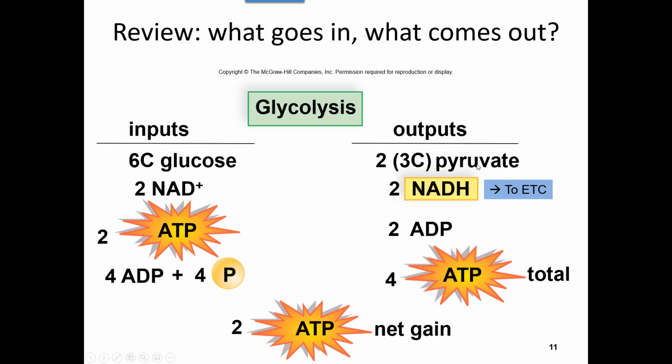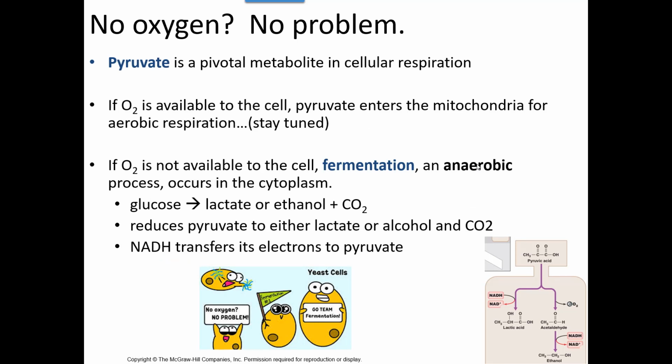So no oxygen, no problem. Pyruvate is still a metabolite. It's still a chemical that can go and do cellular respiration, but it can also get broken down as well and provide other products. So if oxygen's available to the cell, it's going to head to the mitochondria and continue on with aerobic respiration, which we will follow as well.